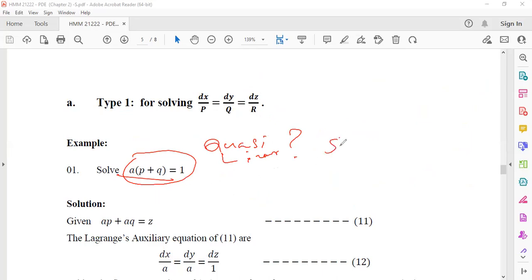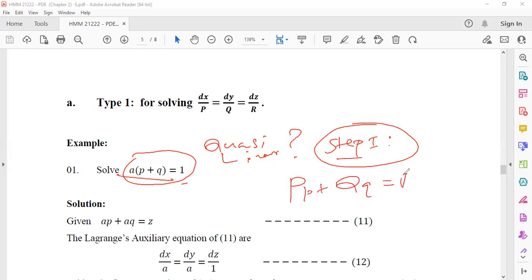That is our step number 1. You have to transform the given equation into this form: Pp plus Qq is equal to R. Actually, they didn't give it in this form, so you have to make it in this form.